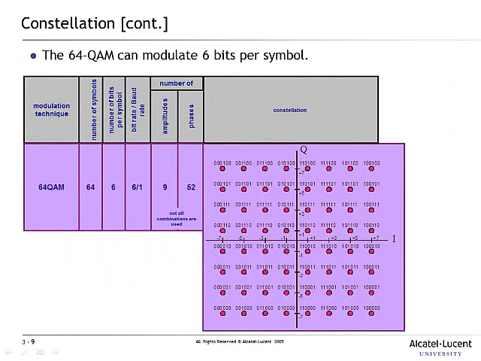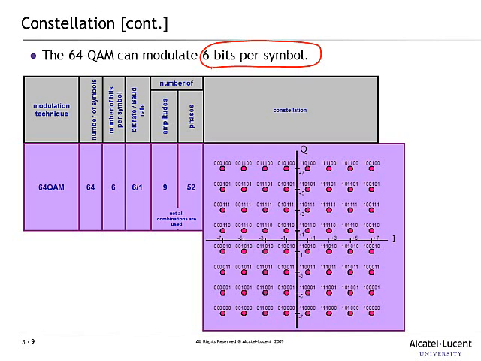The next possible constellation which is used in LTE is referred to as 64 QAM. In 64 QAM, it's more complex. Here we take 6 bits per symbol, so we take 6 bits and represent it by one symbol.